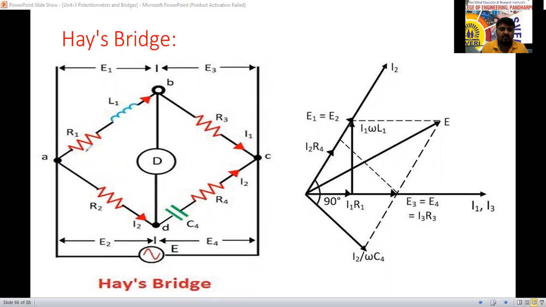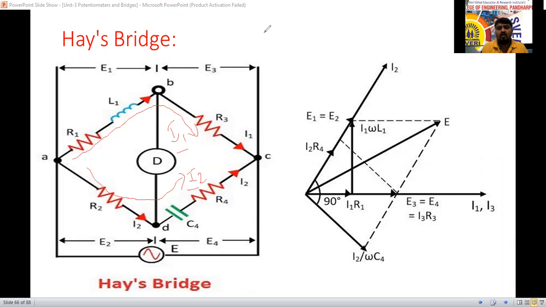Here, the current flowing through this path under balanced condition, I will consider as I1. And the current flowing through this side, through R2 and R4, I will consider as I2. So two currents are there.